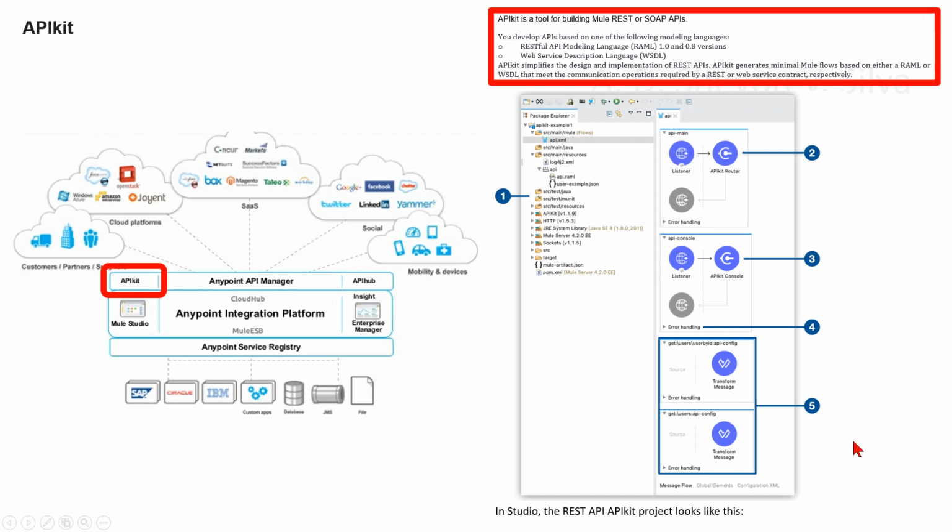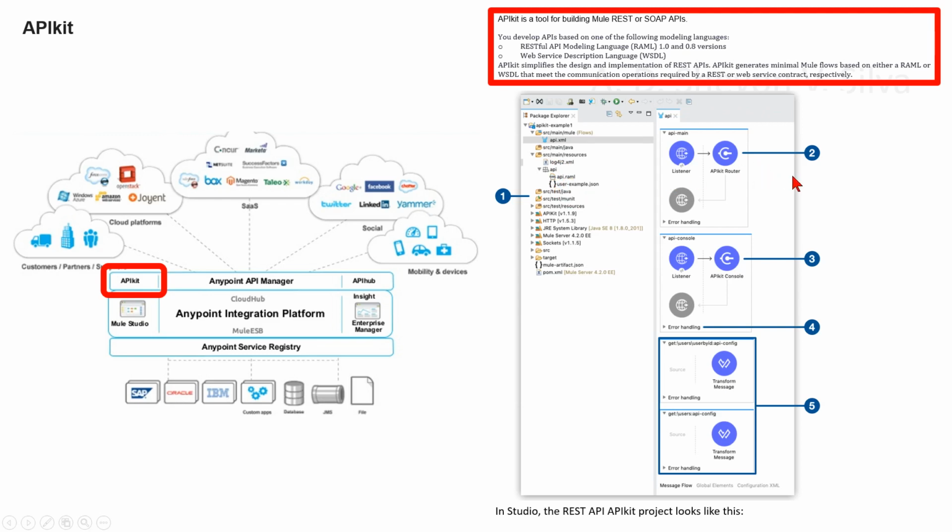The 5 items illustrated here show: number 1, the project files in the Package Explorer of Studio, with the API.RAML file under src/main/resources, then the API folder.